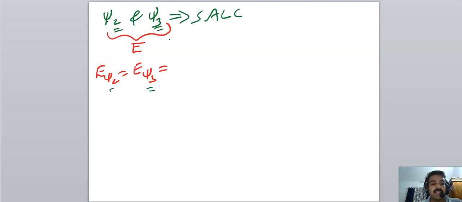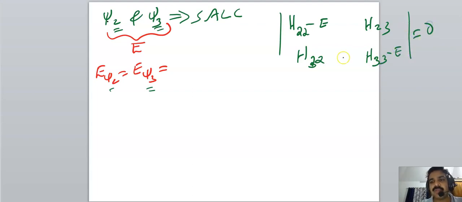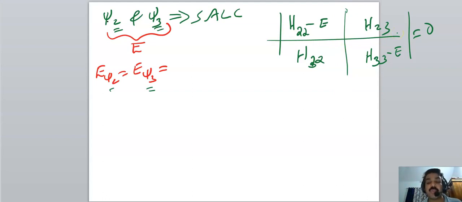So the other point is that if they do not interact, our determinant, that is this determinant, H22 minus E, H23, H32, H33 minus E is equal to 0, can be block factored into one-dimensional determinants because they do not interact.